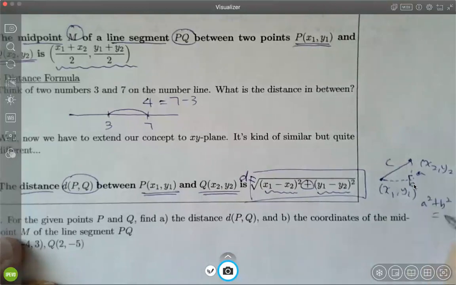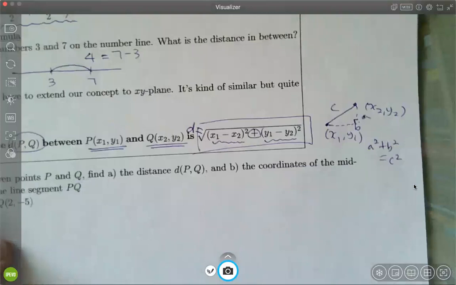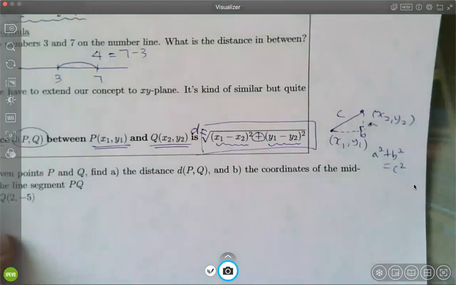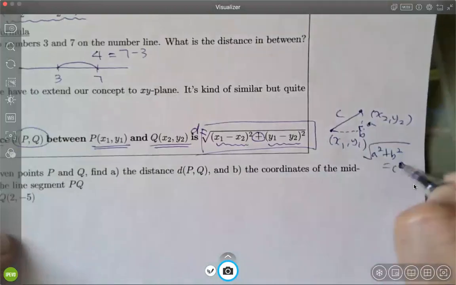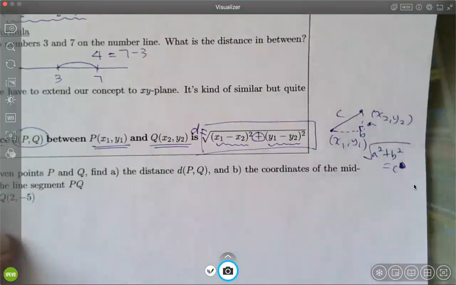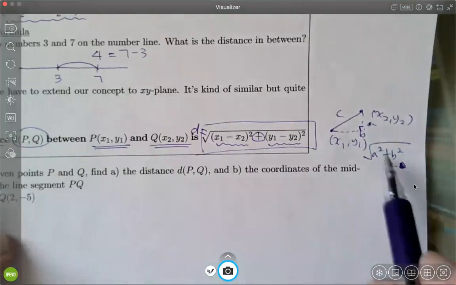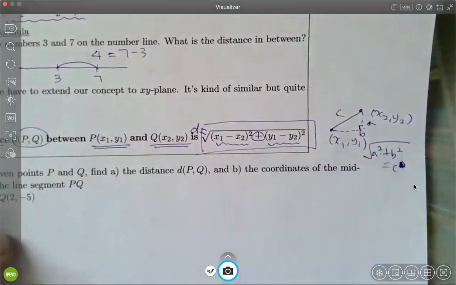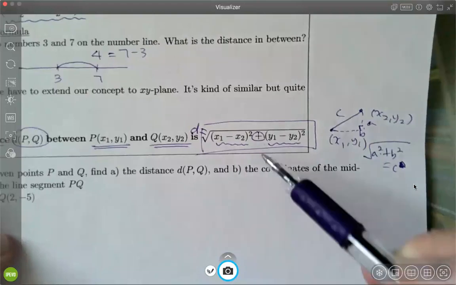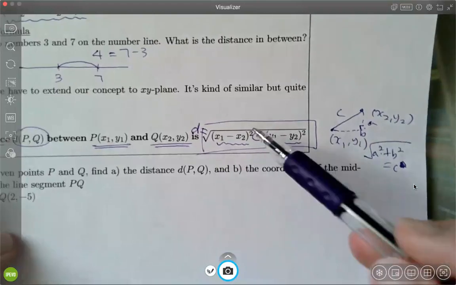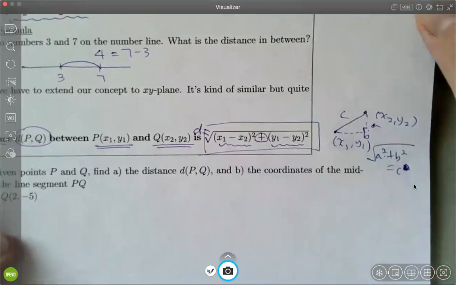Remember this? a squared plus b squared equals c squared. When you take the square root of both sides, you get c equals the square root of a squared plus b squared. Notice that this one is very similar to this. That's the reason, but you don't have to know why such a formula looks fairly weird.